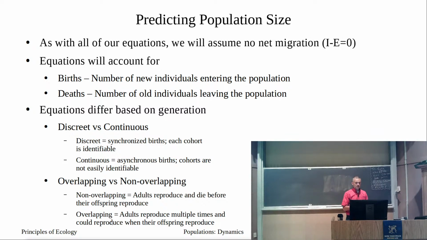If you have overlapping generations, then our adults are going to reproduce multiple times, including reproducing when their offspring start to reproduce. So think about trees. Trees produce seeds. Those seeds can germinate, and their offspring can grow up and start reproducing while the parent plant is still reproducing. So our equations are going to be based on these classifications: discrete versus continuous, overlapping, non-overlapping.